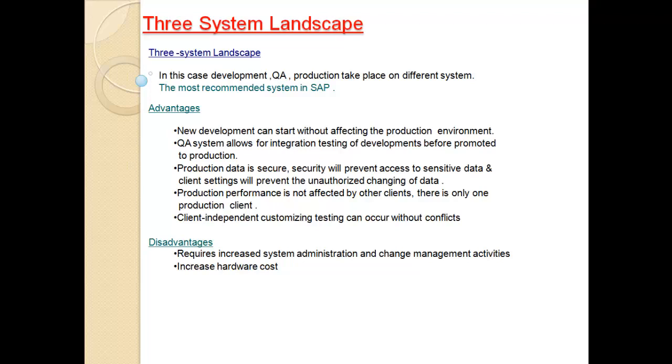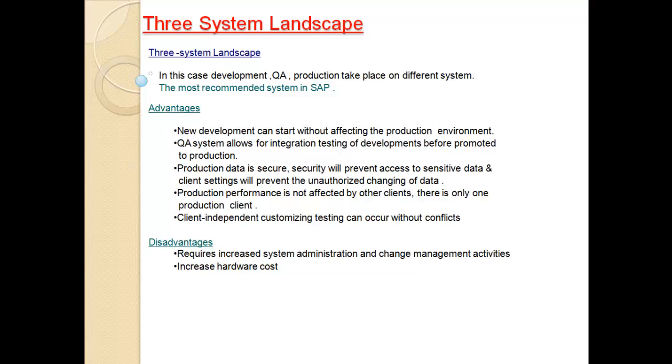Production data is secure. Security will prevent access to sensitive data, and client settings will prevent unauthorized changing of data. And one more advantage is that production performance is not affected by other clients. There is only one production client. And lastly, client independent customizing testing can occur without conflicts because it is on a separate system.